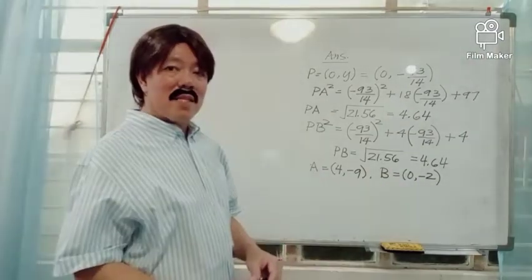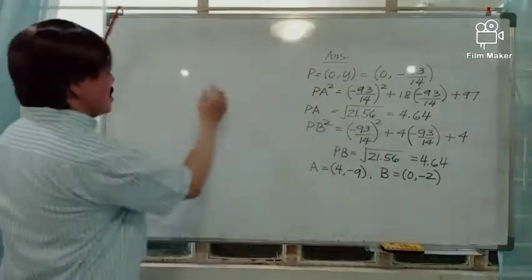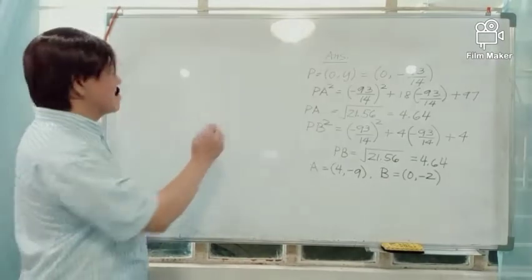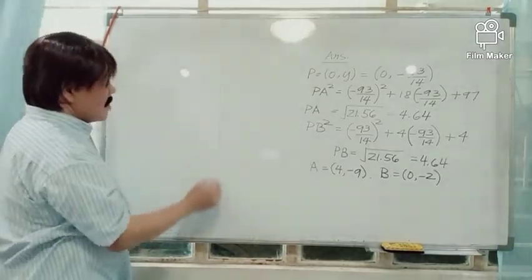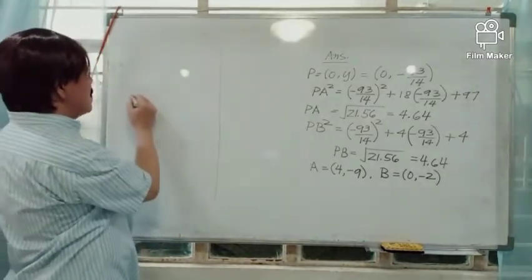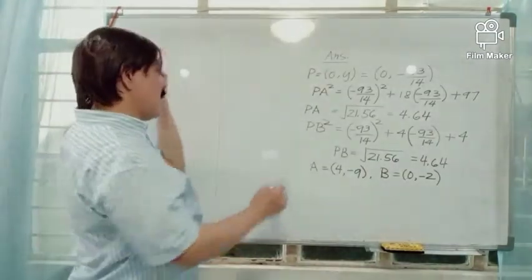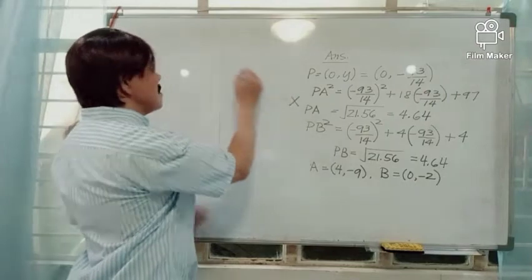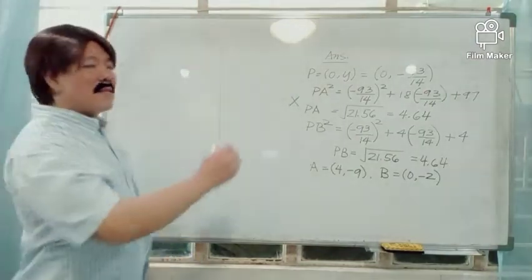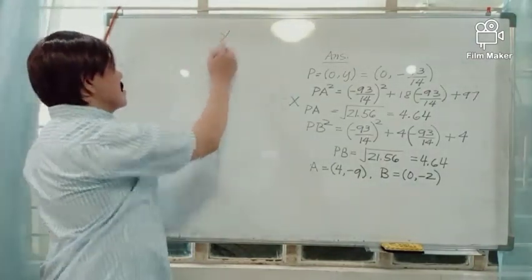And we plot these points in the Cartesian plane, which consists of two axes. The horizontal axis is the x-axis. The vertical axis is the y-axis.